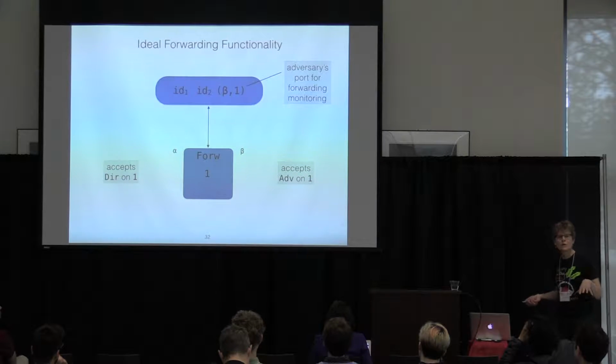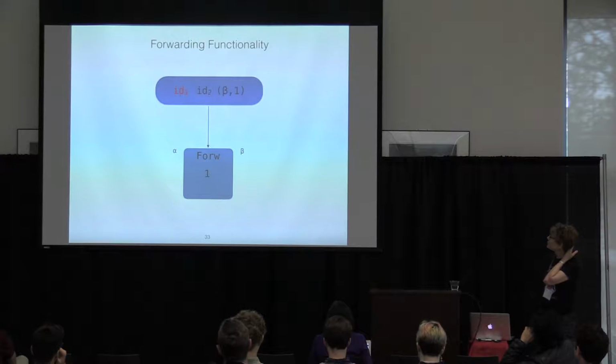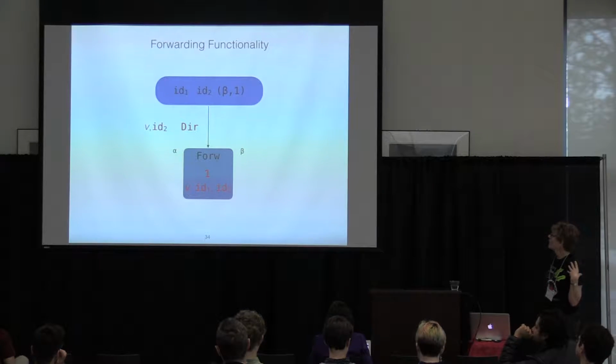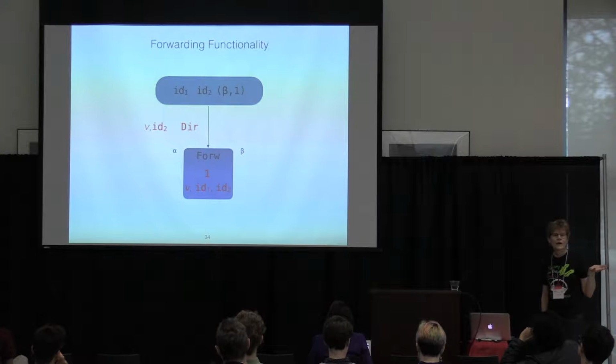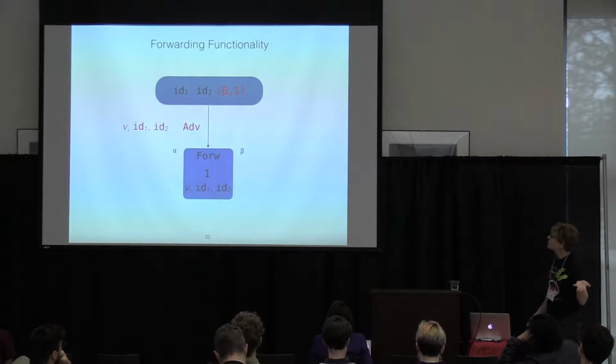So first, an ideal forwarding functionality, F_off, or a version of F_off for people who know this in the literature. So here, a direct message can come in from the outside with a value to be forwarded and where it should go to, ID2. And the forwarder says, okay, I'm going to tell the adversary at port index 1 for forwarding control, this is what's being proposed, that ID1 would like to send V to ID2.